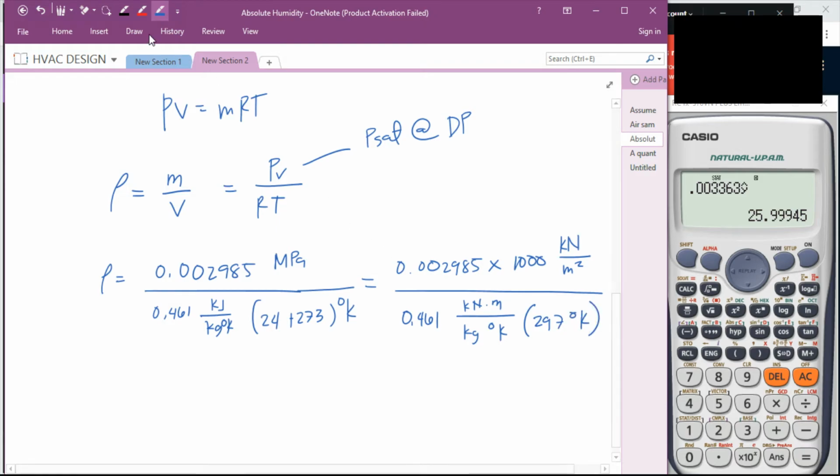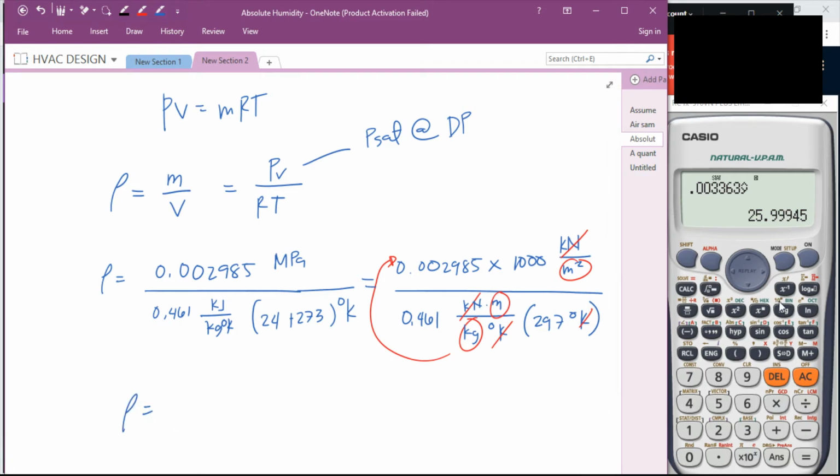We cancel all the same units. Kilonewton, kilonewton. Dapat dyan na kilogram per cubic meter. Kelvin, Kelvin. Meter, meter squared, kilogram. Okay.